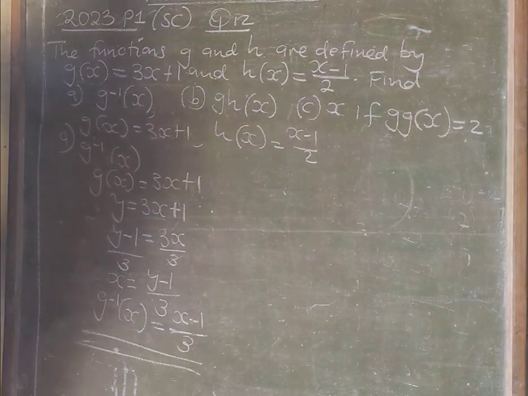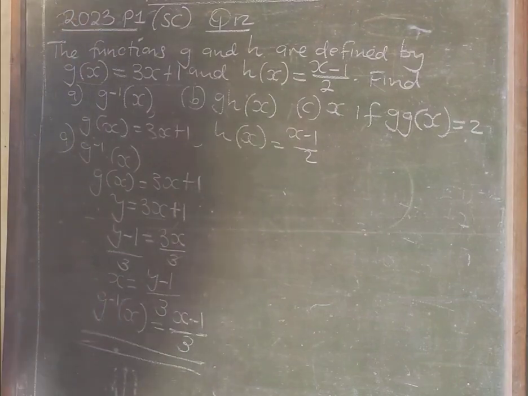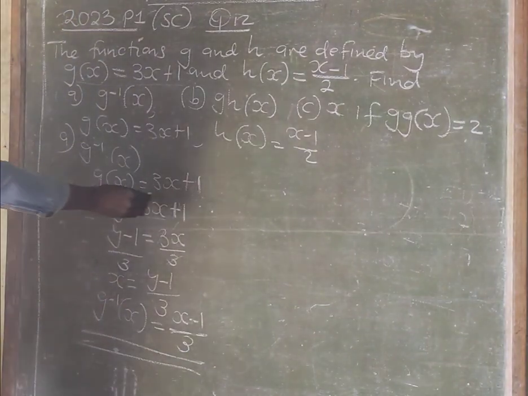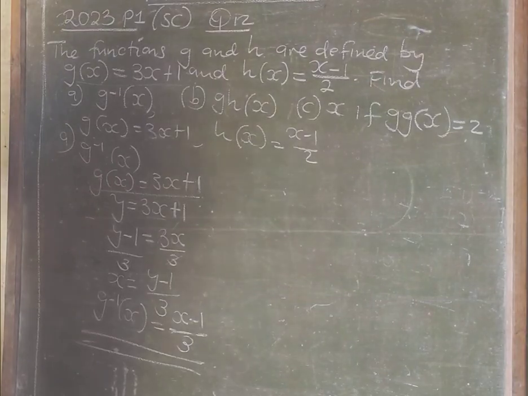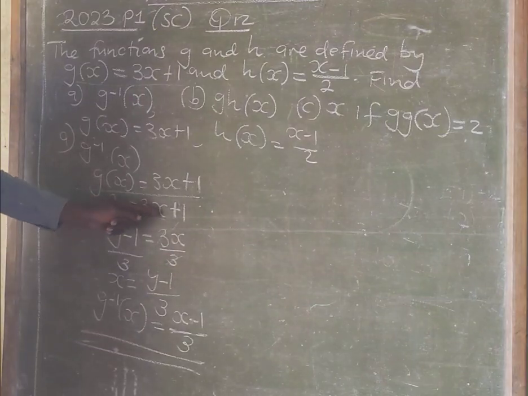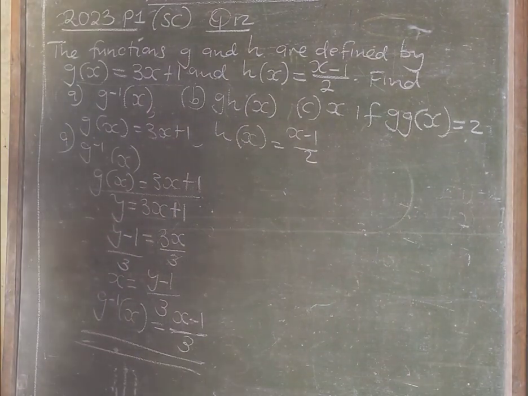This is our inverse, the opposite of this function. Do not forget, the first step is to equate the function to y, then we made x the subject, and then we replaced y with x to give the final answer.